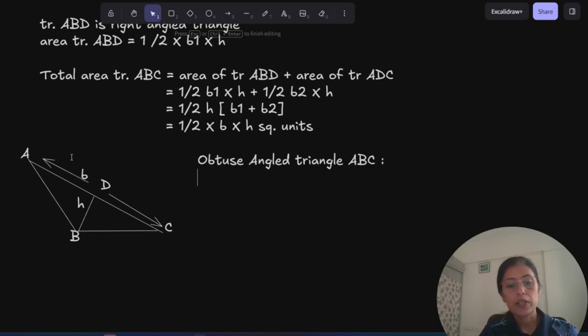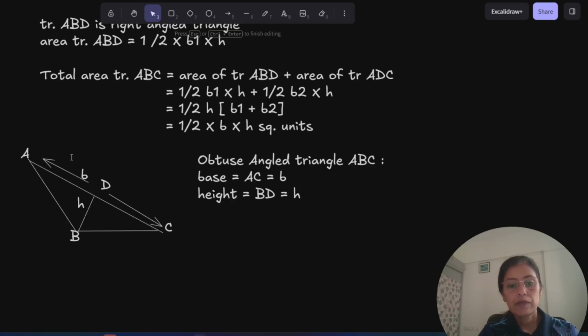Here, what is the base? Base is AC is equal to B, and height is BD, which is H.